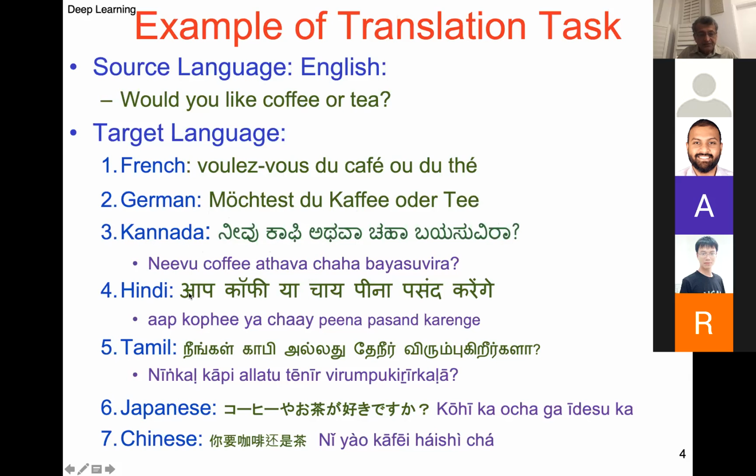And in Hindi, you would say, आप काफी या चाय पीना पसंद करेंगे? And in Tamil, நீங்கள் காப்பியாலத்து தேநீர் விரும்புகிறீர்களா? Or in Japanese, kohi kacho ja desuka? And in Chinese, niao cafe haishi cha. Right? Okay, I hope I pronounced your language properly, in terms of machine translation going from English to any of these other languages.